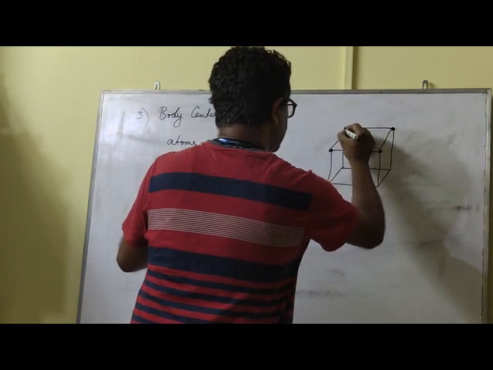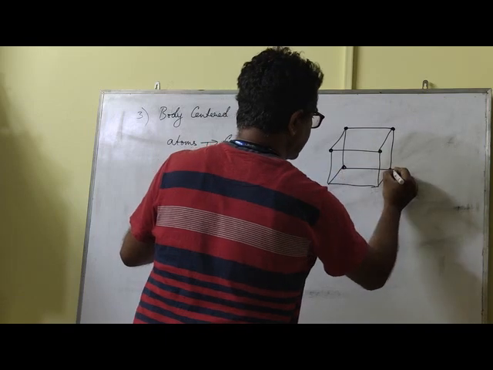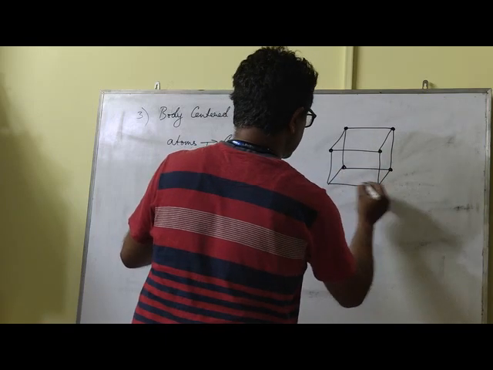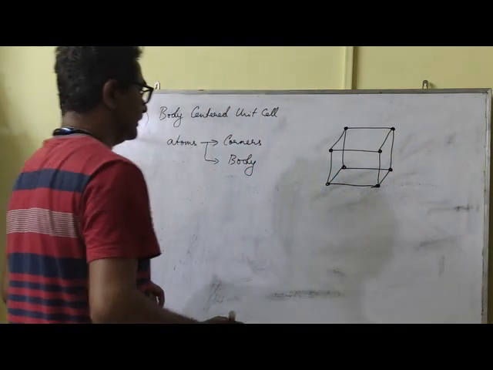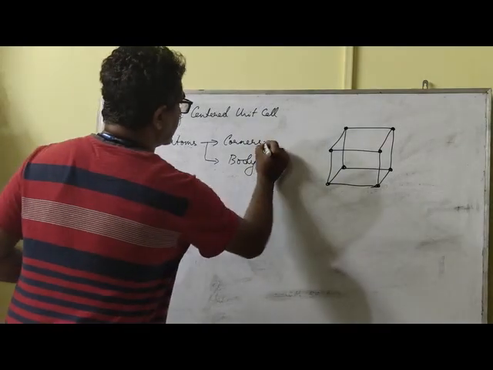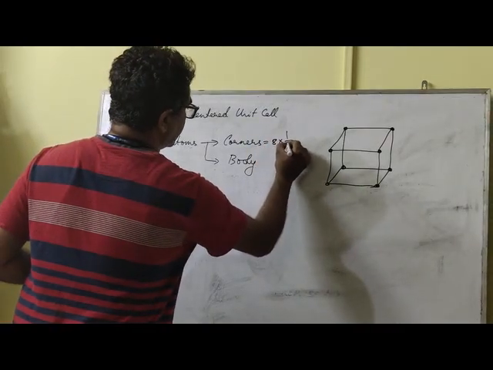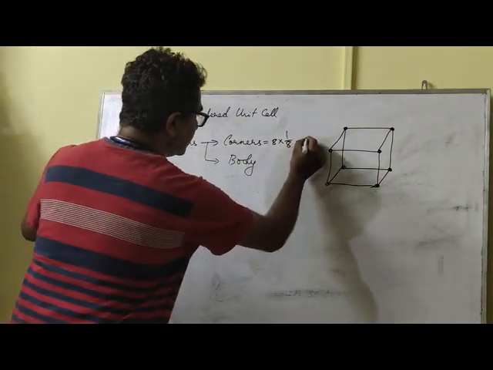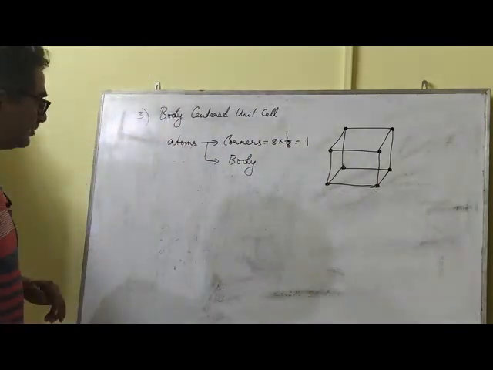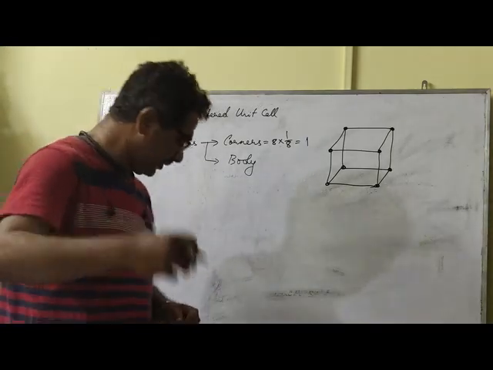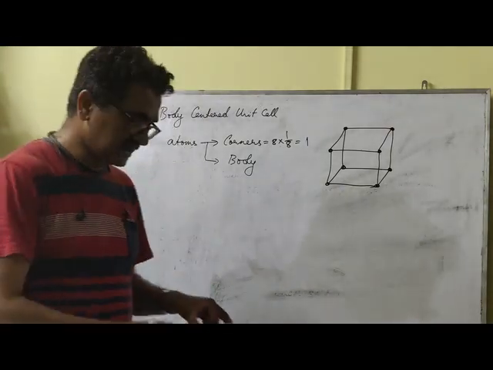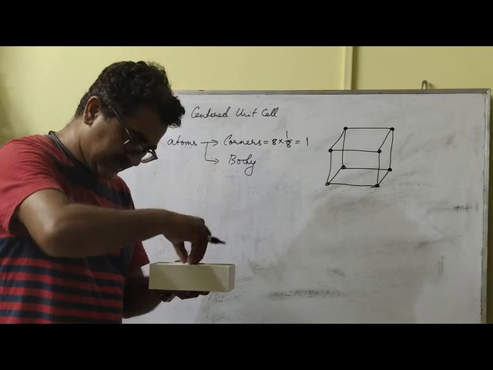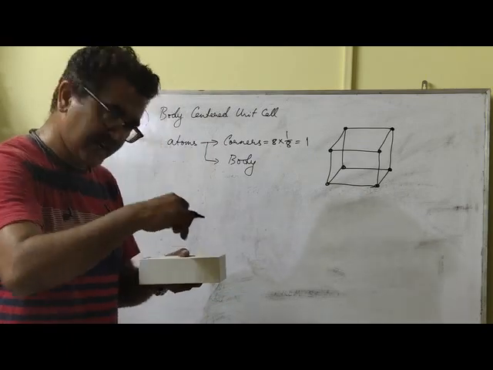So at the 8 corners, we have, as usual, the 8 atoms. So 8 corners, and we know that in each of the corners, 1/8 part of the atom is inserted. So we get one atom over here, and we are going to insert an atom inside, that means inside this cube.